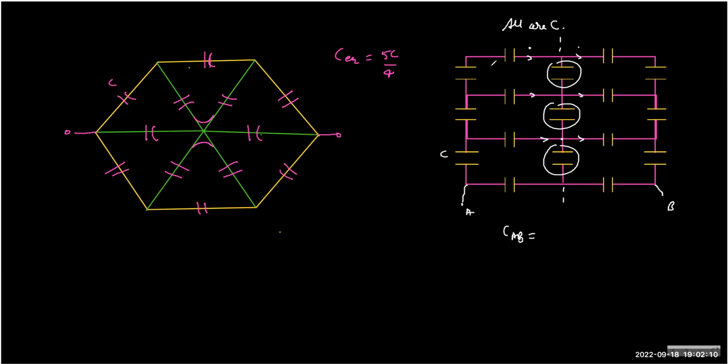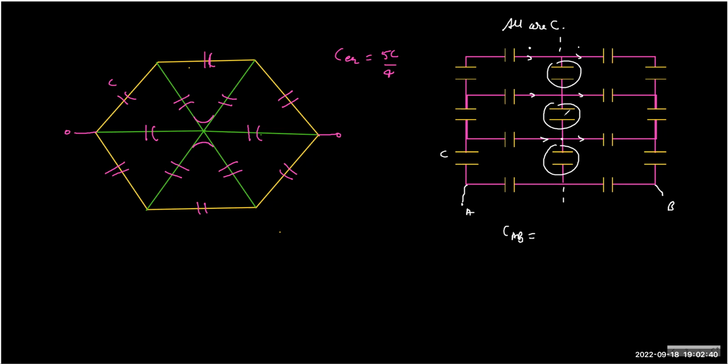The answer will be C/4, then C/2 and C/2 and C/4 is 3C/4, right? If you read it from top to bottom, C/4 and C/2, that you got the reduction, how much is the answer?